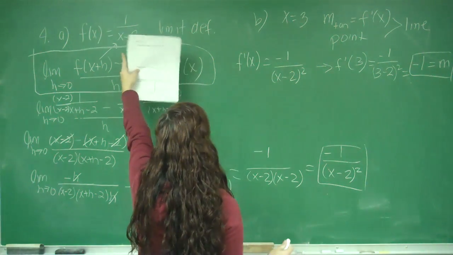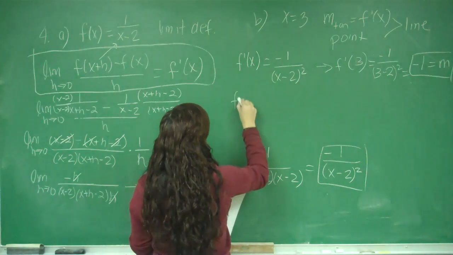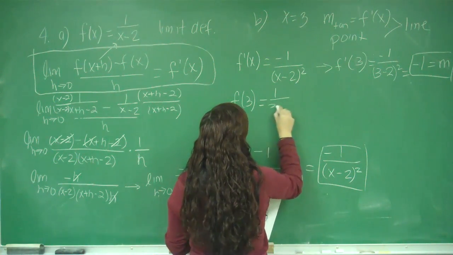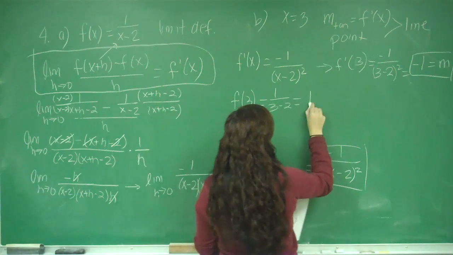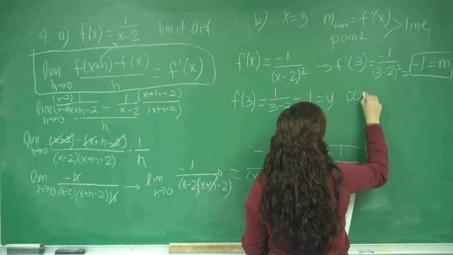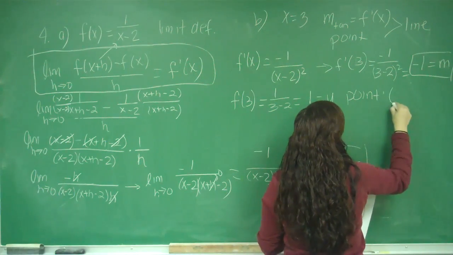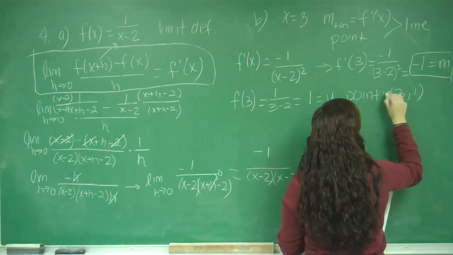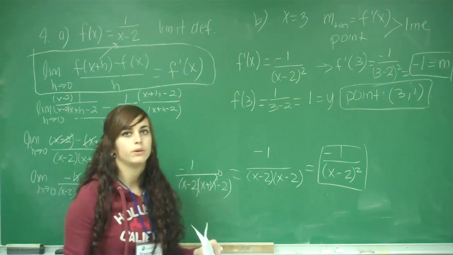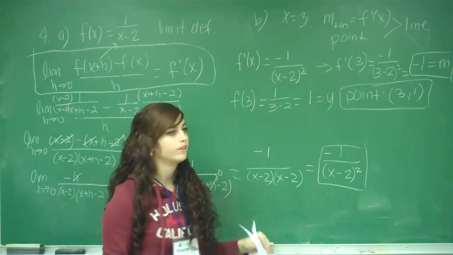Okay? So now I need a point. I'm going to use my original equation. So f of 3 is 1 over 3 minus 2, which is 1. And that's going to be my y value. So my point will be 3, 1. So now that I have a slope and I have a point, I can write it in slope-intercept form.